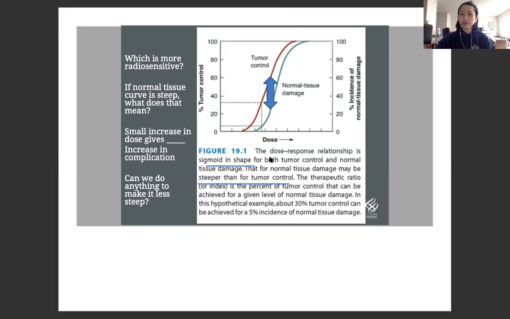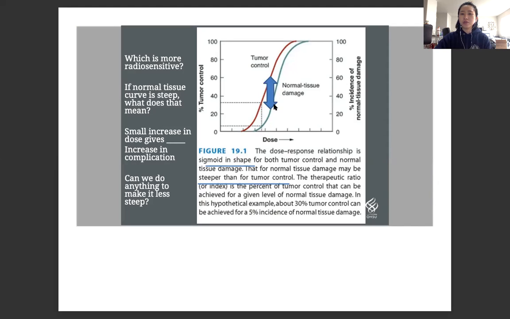This figure represents the dose response relationship, and it is sigmoid shaped for both tumor control and normal tissue damage. That for normal tissue damage may be steeper than the tumor control.